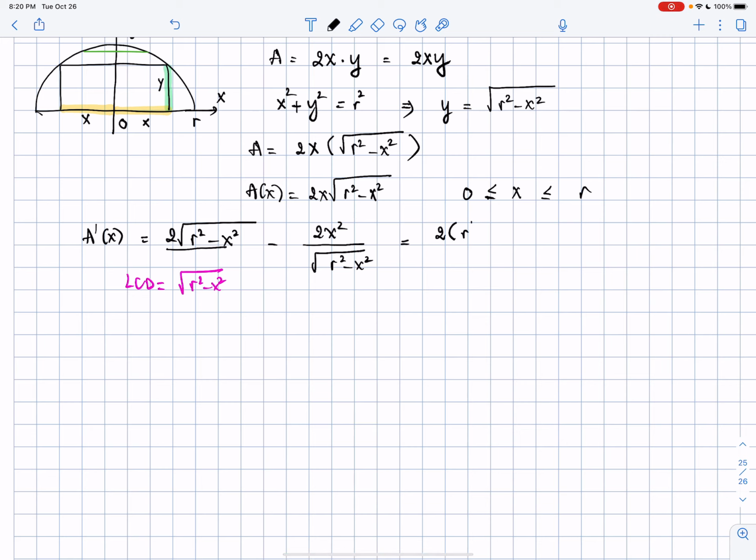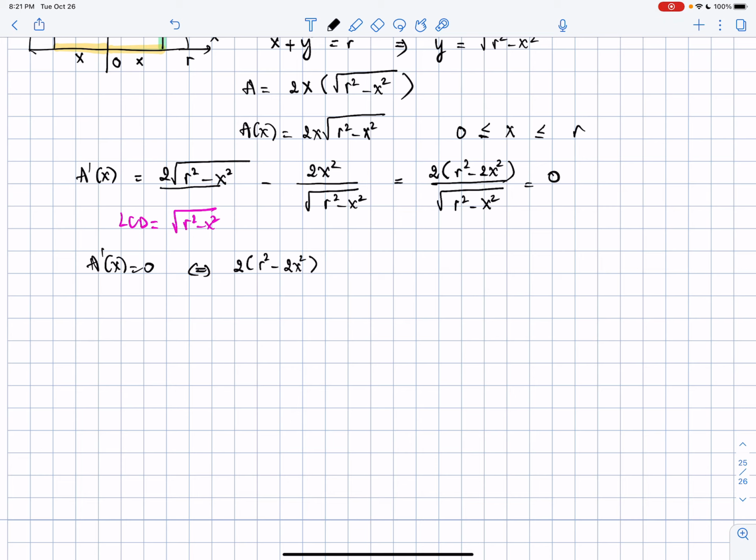To find the critical point, we will set A prime of x equal to 0. That means the top has to be 0, because the bottom cannot be 0: r squared has to be bigger than or equal to x squared, and the maximum of the x-axis is r, so the bottom cannot be 0.